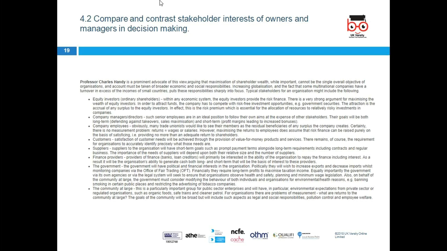Suppliers want to make sure they get their money on time. Finance providers, if they are lending you money, want to get a higher interest from you. Government wants to earn more tax from us. And the community at large wants the organization to provide jobs for local people and boost the local area.